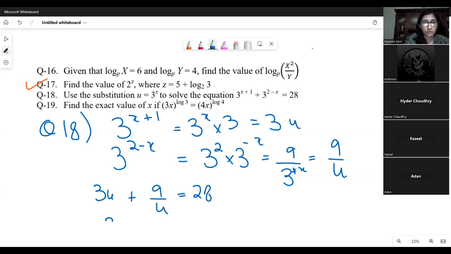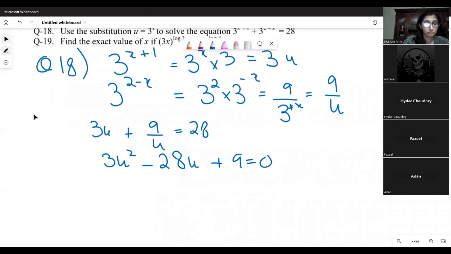That gets a quadratic equation, 3u squared minus 28u. I skipped a step. Plus 9 equals 0. Can we factorize this? 3, minus 28 and 9.